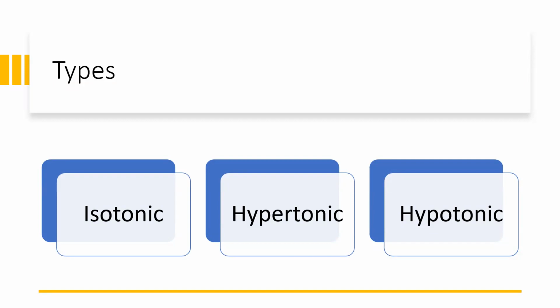So in hypotonic dehydration, the water shifts from the plasma into the interstitial fluid spaces, and then into the cells, and now your cells are starting to swell. Okay.